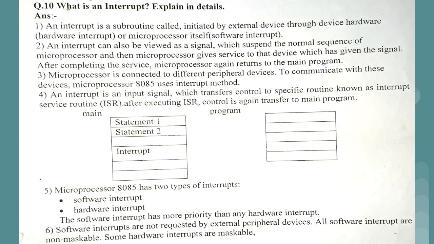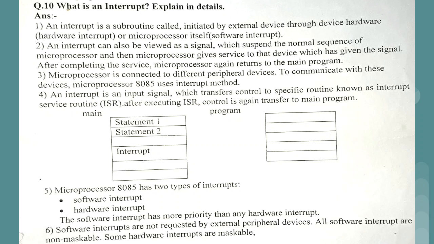We are going to learn about this in detail later. But all the software interrupts are non-maskable and some hardware interrupts are maskable. Just remember this point only: software interrupts are non-maskable and hardware interrupts are maskable. What is the meaning of non-maskable and maskable? We are going to learn that in the next question.